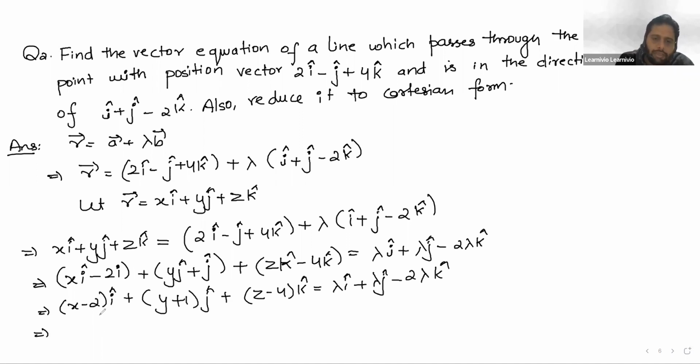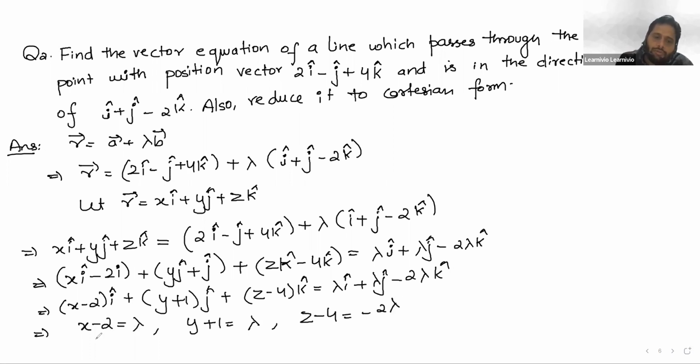Now here we have i cap, here we have i cap, so equate these two. So x minus 2 is equal to lambda. Similarly y plus 1 is also equal to lambda, and z minus 4 is equal to minus 2 lambda.